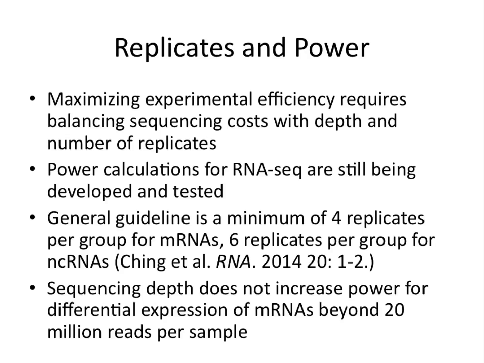More replicates lead to more power, whereas increased sequencing depth does not increase power for differential expression analysis of messenger RNAs once you've reached the threshold of about 20 million reads per sample, given that messenger RNAs do not require deep sequencing to quantitate. This is in contrast to non-coding RNAs, splicing events, and editing events that do require more depth for detection and differential analysis.